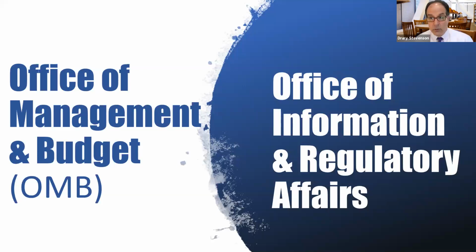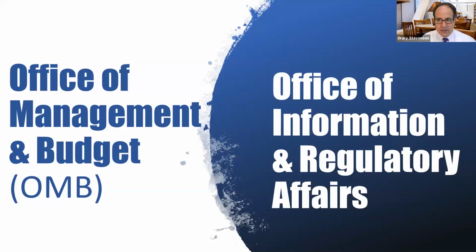If you've ever wondered who regulates the regulators, the best answer is the OMB, or Office of Management and Budget. This is a smaller group of people, and the leader is handpicked by the president and works very closely with the White House and White House staff on implementing the president's policy.